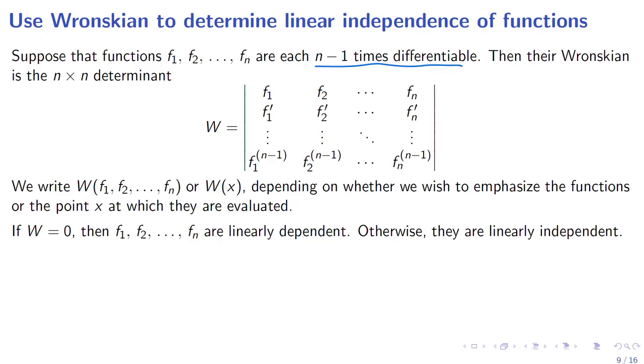Then our Wronskian will be in this format. It's the determinant of the matrix whose first row is f1, f2, f3, all the way up to fn. The second row is the first derivative of them in the same order. Then the second derivative, third derivative, all the way up to the last row, which is the n minus 1th derivative of these functions in the same order.